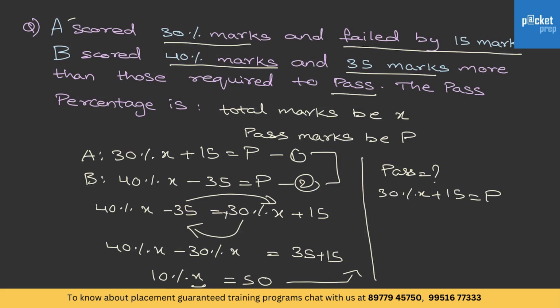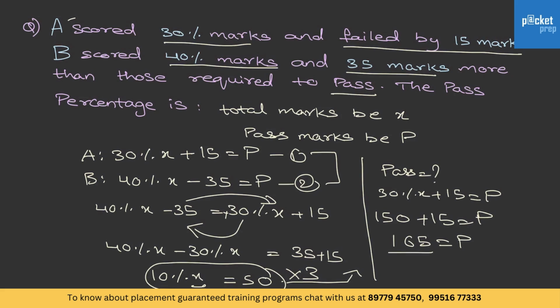Then 30% is given by this one into 3, which is 150. 150 plus 15 gives us pass marks. 165 is equal to P. So 165 is the pass mark for that exam.